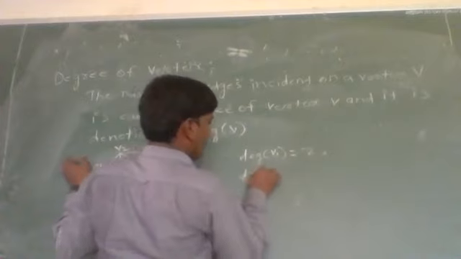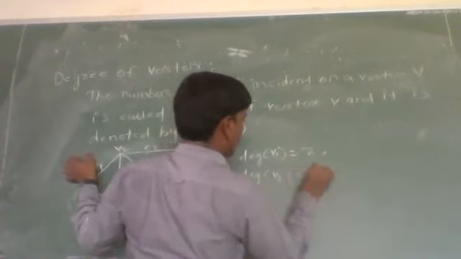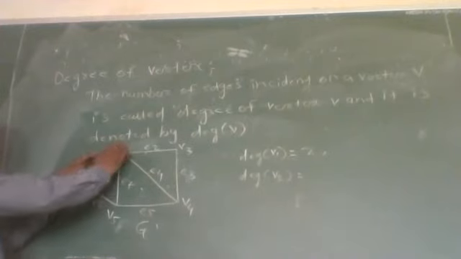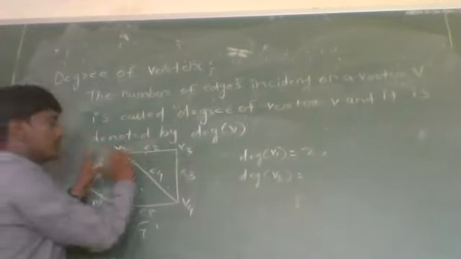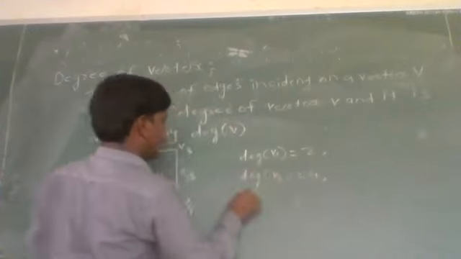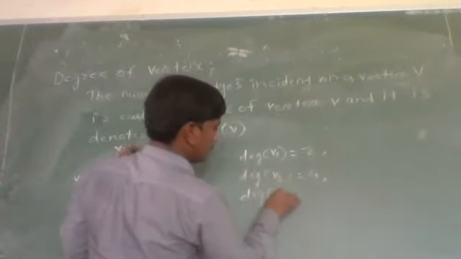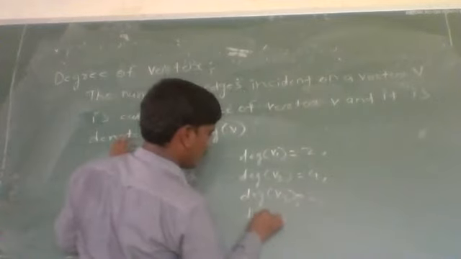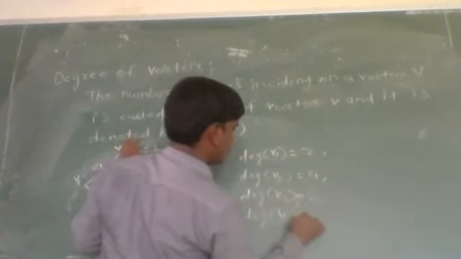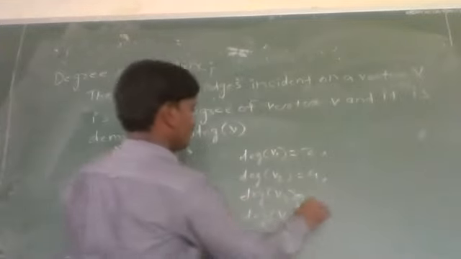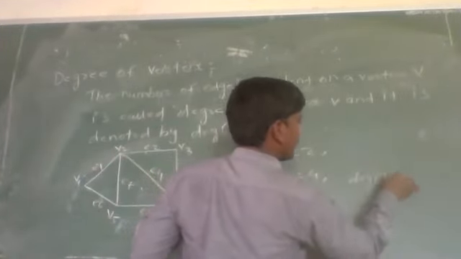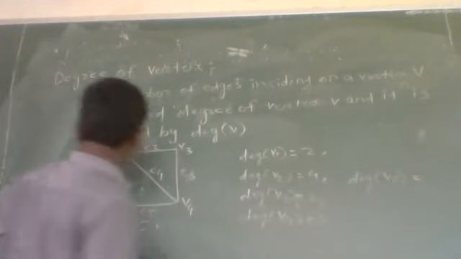Similarly, as there are 4 edges incident on vertex V2, the degree of V2 is 4. Degree of V3 is 2. Degree of V4 is 3. And degree of V5 is 3.